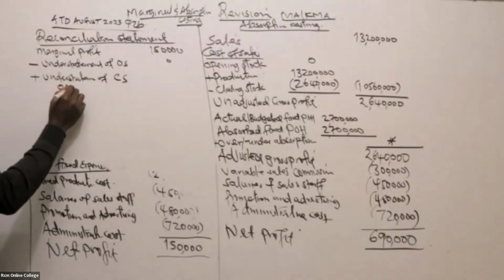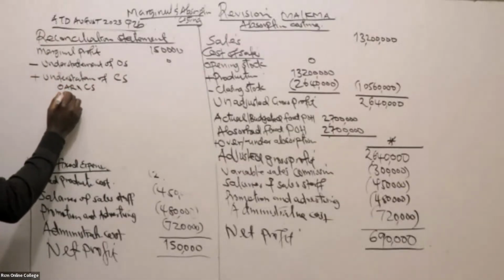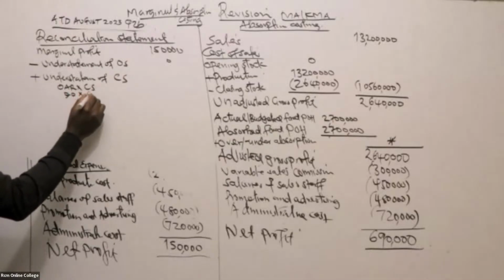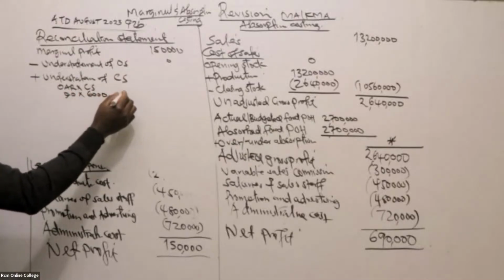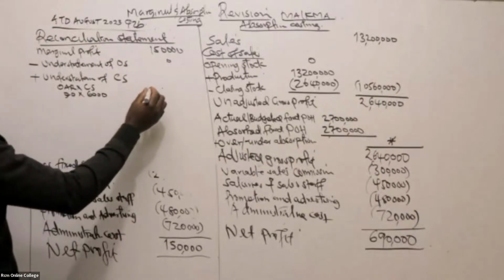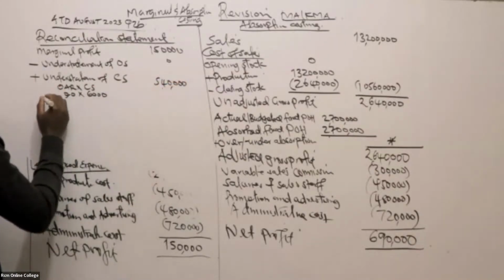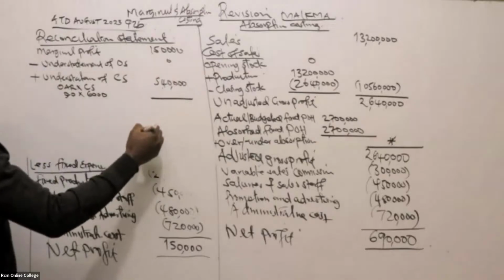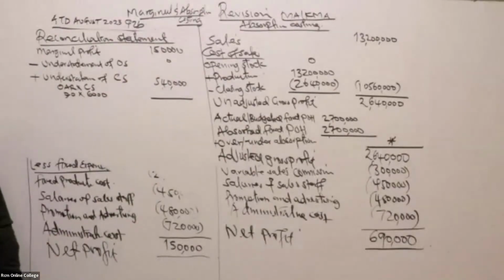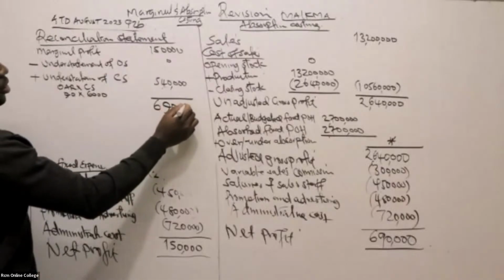How do you get the understatement? You take overhead absorption rate times closing stock. Our overhead absorption rate was 90. We multiply by closing stock, which is 6,000. 90 by 6,000 gives us 540. Remember, we are adding. So 150 plus 540 will give us 690,000.